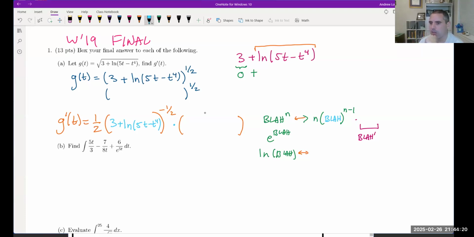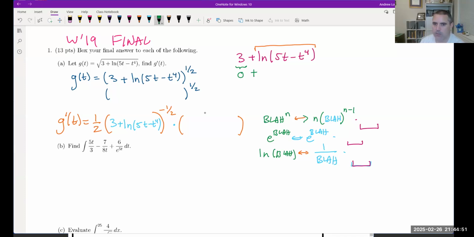Log of blah, we do it the way you do a log problem, and the log problem is 1 over whatever it is. Again, there's really only 3 rules, and the chain rule tells you how to adjust those rules. So the next thing I'm going to do is however we take the derivative of a log. So I'm going to write 1.